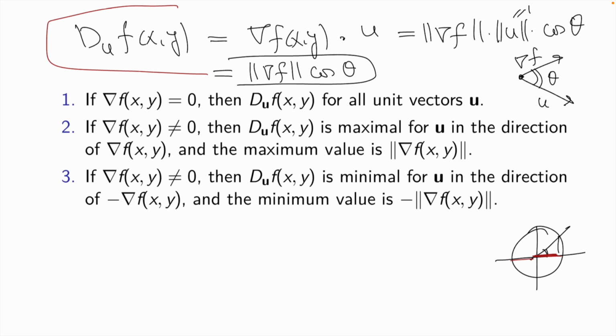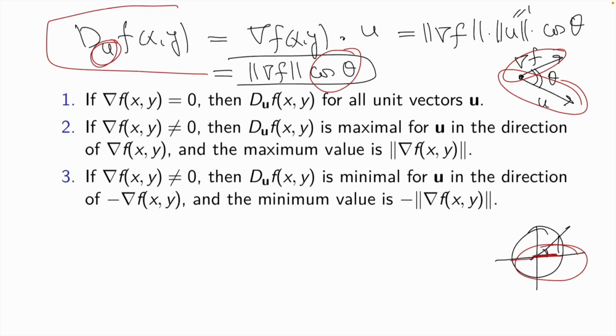That happens when the cosine is 1, which means when the angle between these two is 0. In other words, when the direction u is the same direction as the gradient. So we deduce that the direction of maximal rate of change is the direction of the gradient. And on the other hand, the minimal rate of change is in the opposite direction of the gradient.